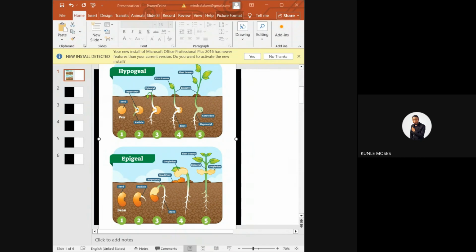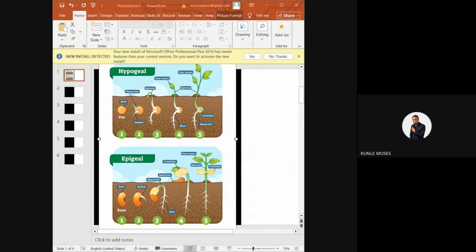Before you know it, you begin to see the first leaves begin to show at the upper surface. And stage 5 is the young plant. You will see the seed forming a plant already. So that is what happens in hypogeal germination.